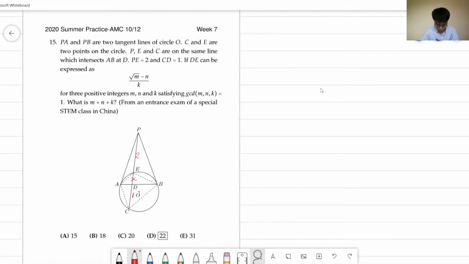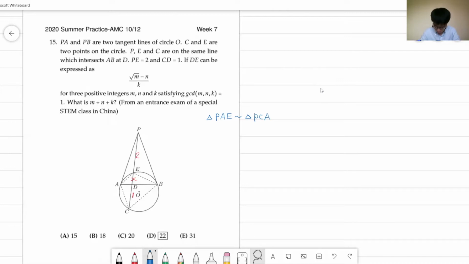Right. We have some pairs of similar triangles, so we can use the proportions of the side lengths to solve the problem. For example, we have triangle PAE similar to triangle PCA.